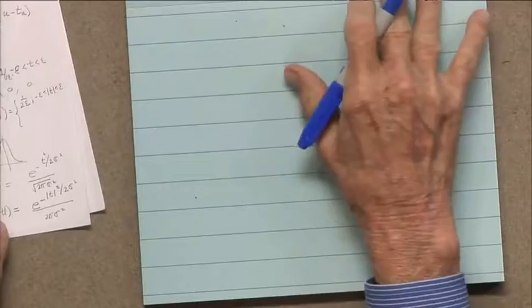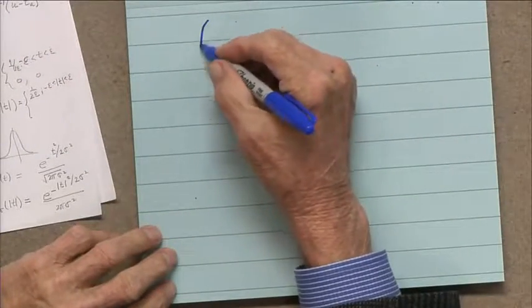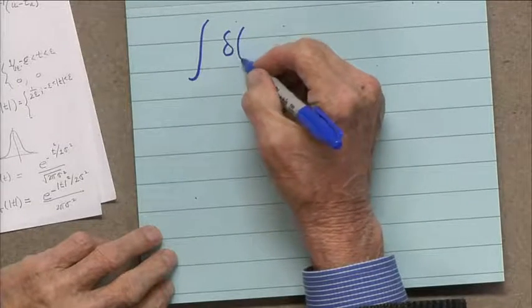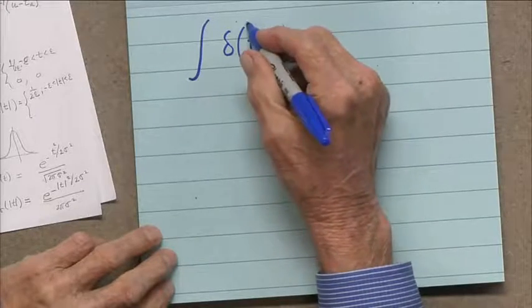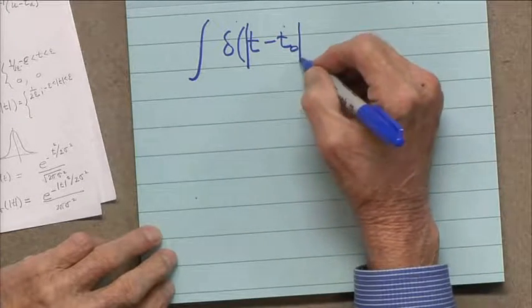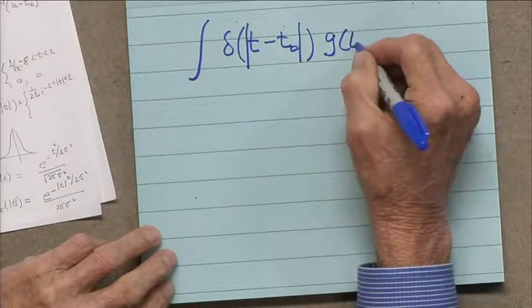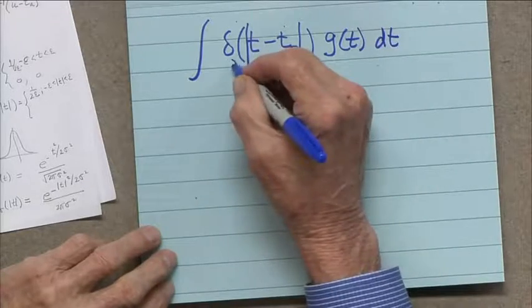So I conclude that the integral of delta of the absolute value of t minus t0, g of t, dt. I'm going to put a sigma there.